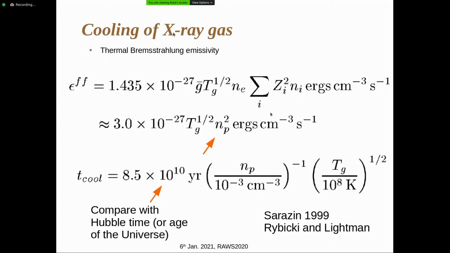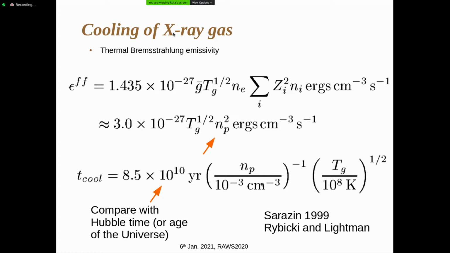So in astronomy, as you know, any emission of energy through any radiation mechanism by particles, we refer to it as cooling. So the particles are losing energy. These electrons are also losing energy via thermal bremsstrahlung, and the time scale over which they lose the energy is this cooling time scale, and this time scale tends to be very long.